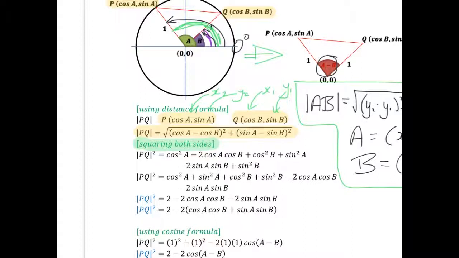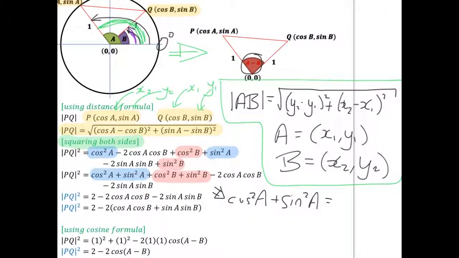So we notice here we have a sine squared A and a cos squared A. We also have a sine squared B and a cos squared B. So if we group those together, our cos squared b plus sine squared b, as well as our cos squared a plus sine squared a, we can use the formula from proof 1 to write that cos squared a plus sine squared a is equal to 1.